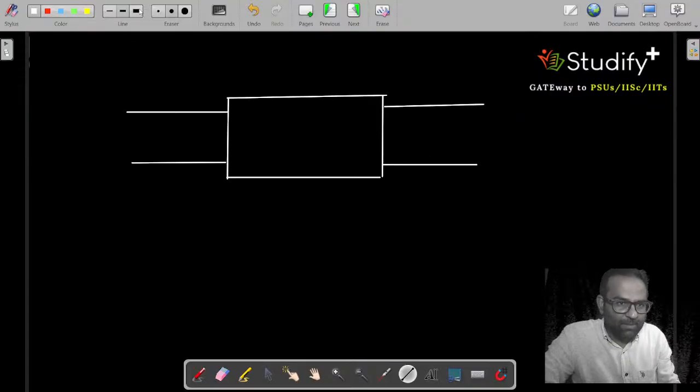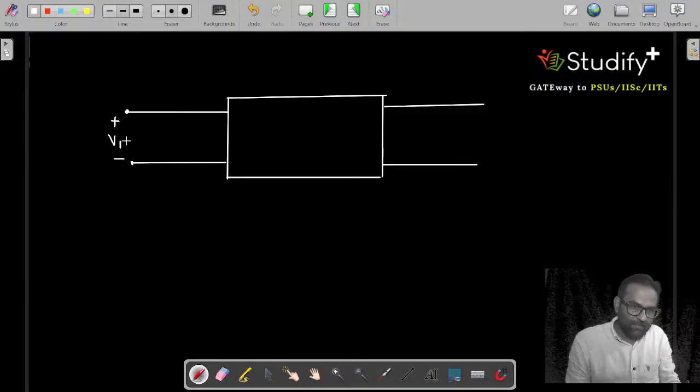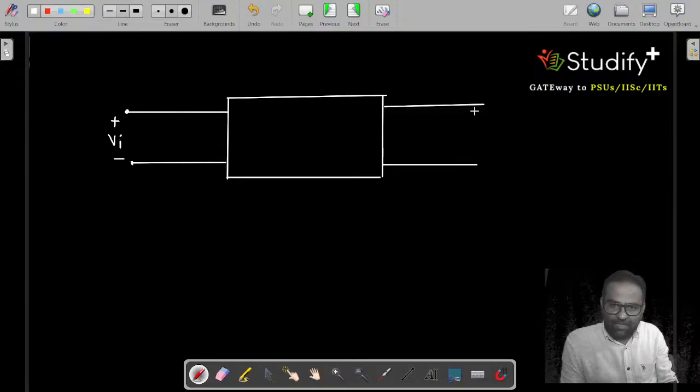The first terminal is representing input, I am writing it Vi, and the second terminal is representing output. I am calling this terminal V out.